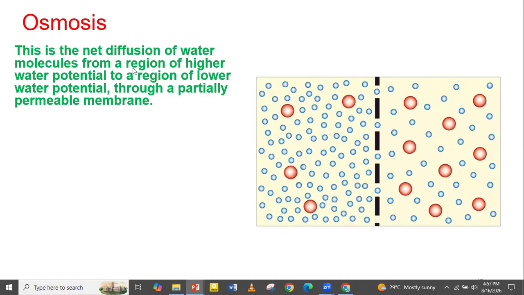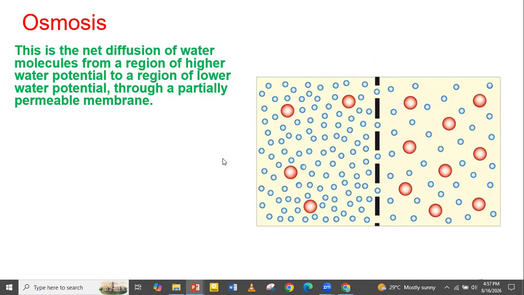So osmosis is the net diffusion, or the net movement, of water molecules from a region of higher water potential to a region of lower water potential. And osmosis always occurs via a partially permeable cell surface membrane.